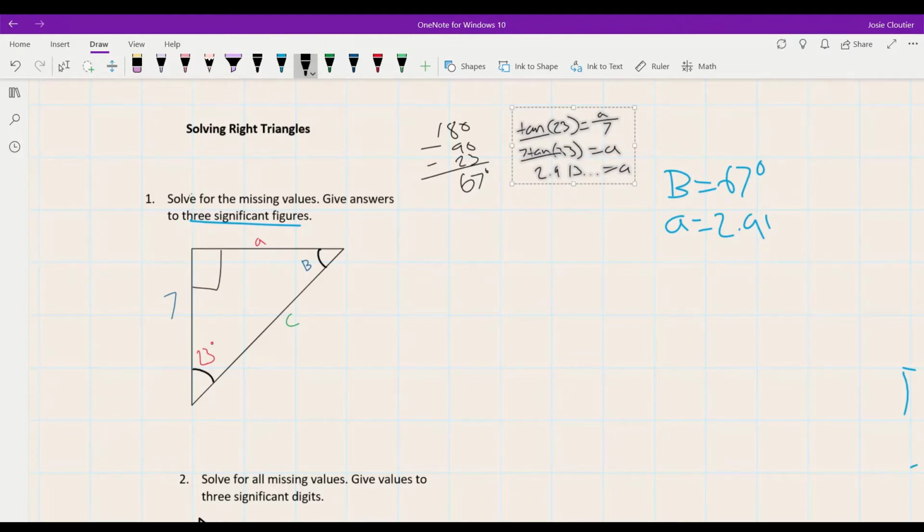So, we're finding our hypotenuse, which is c squared.